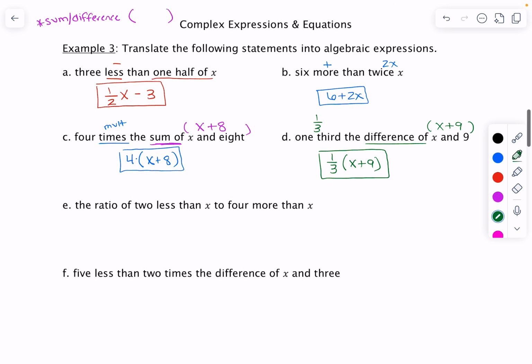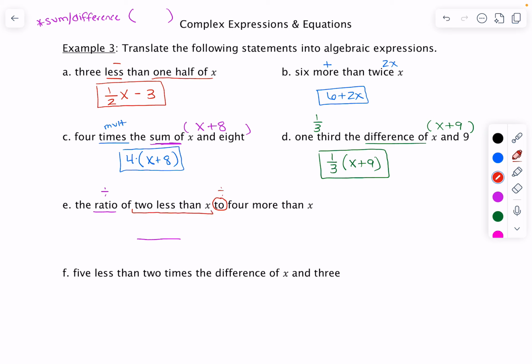Okay. E says the ratio of 2 less than 4 to 4 more than x. I'm going to slow this down a little bit and underline the word ratio. Ratio means a fraction, so I'm going to draw a fraction bar. Okay, it is division, but like I said earlier, when we have division, we write a fraction bar. And I've got two things to think about. I've got this 2 less than x.